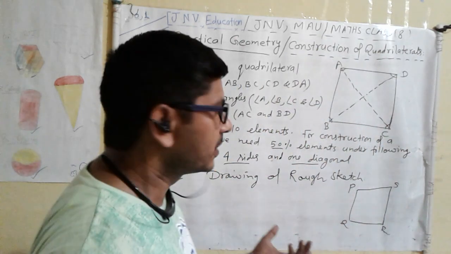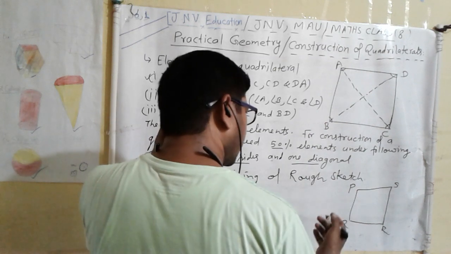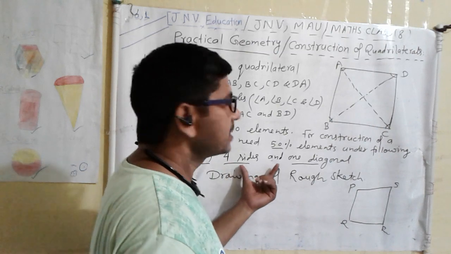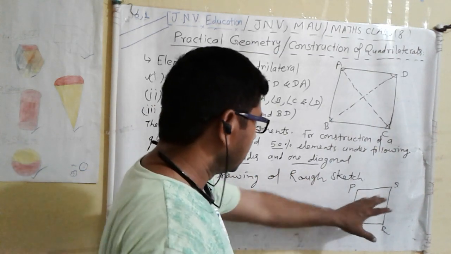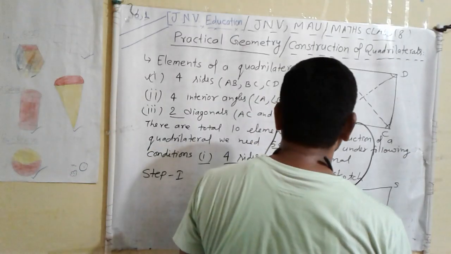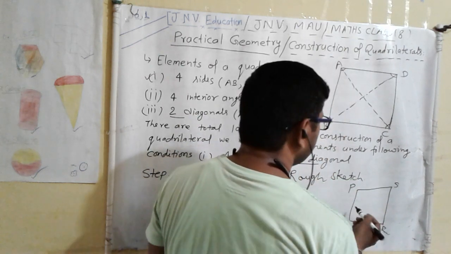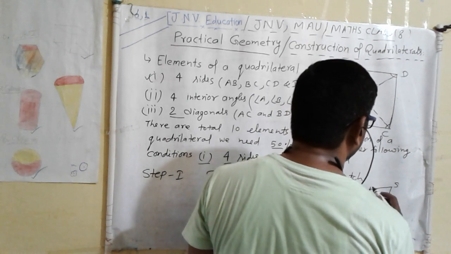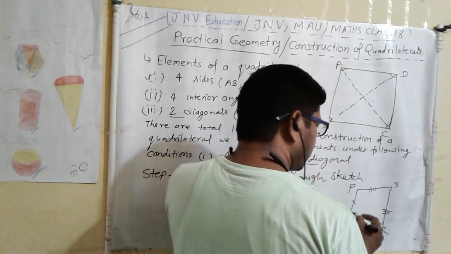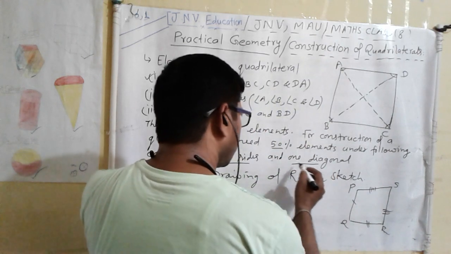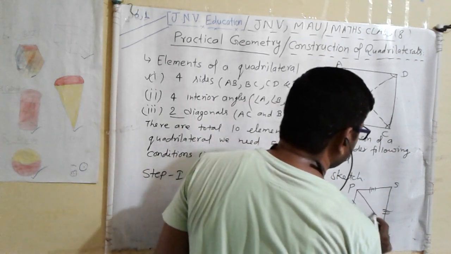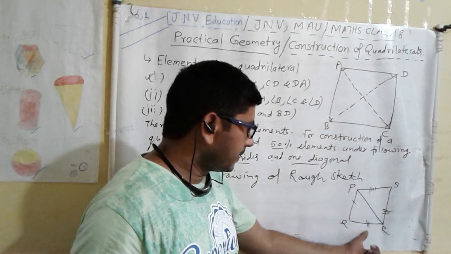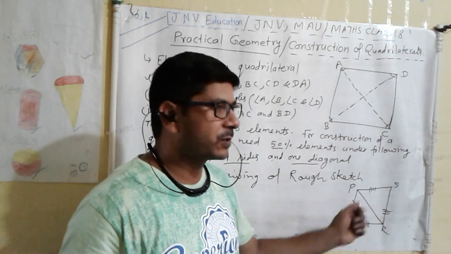This is not our actual construction. This is a rough sketch, and we have to indicate the information from the question in this diagram. Suppose we have the four sides PQ, QR, RS, SP, and two diagonals. Out of two diagonals, we have one diagonal. So indicate like that, and write the measures from the question.